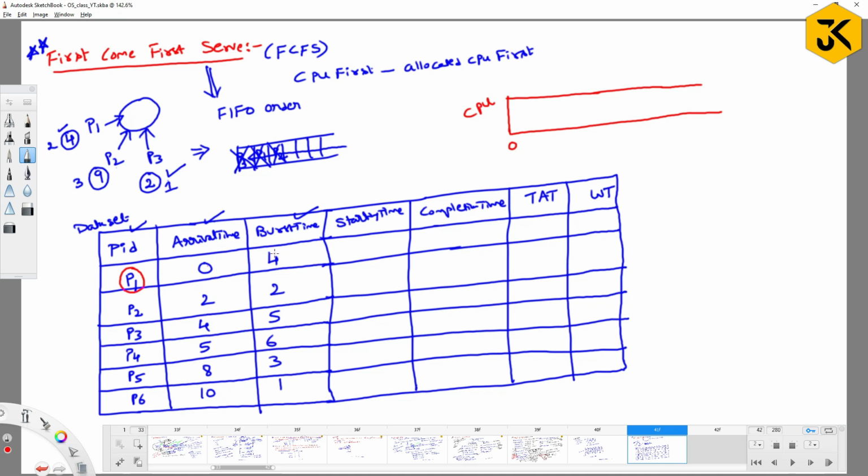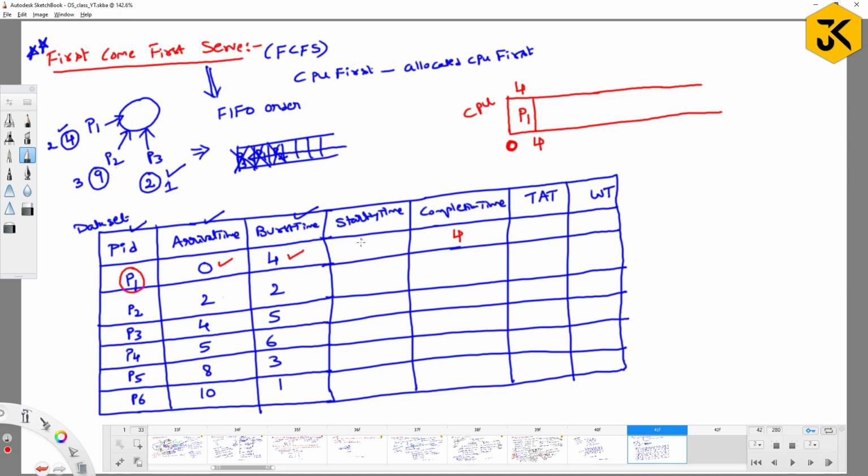You have to think about which processes are available in the ready state at 0 nanoseconds. That is only P1, because P2 arrives at 2 nanoseconds. So P1 enters the CPU and executes for its burst time, 4 nanoseconds, so it will be completed by 4 nanoseconds.